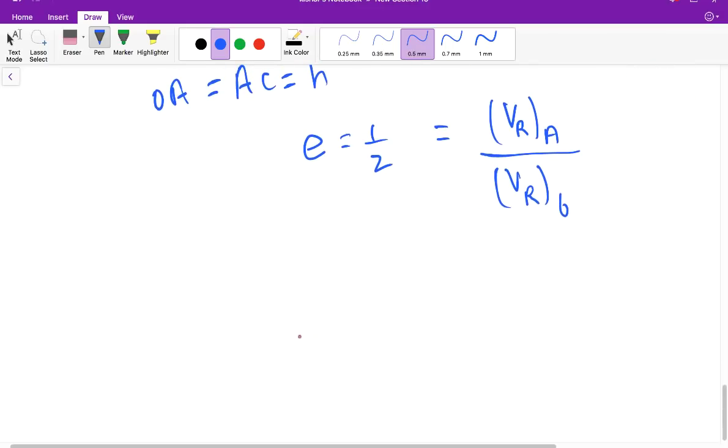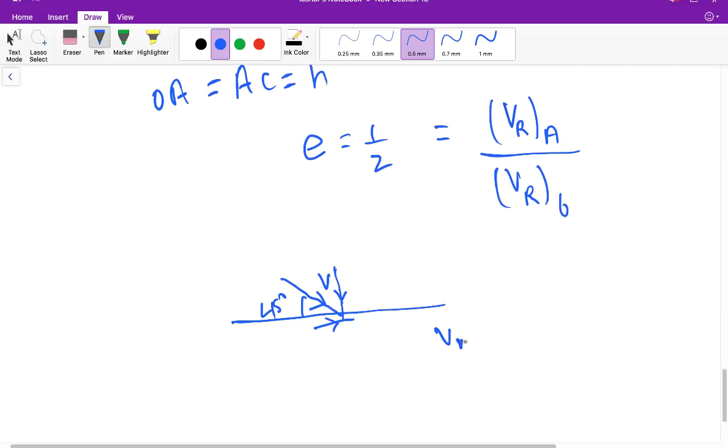Now since the geometry is such that the ball falls like this, if we break the velocity V, since this angle is 45 degrees, there will be two components, one vertical component and one horizontal component.